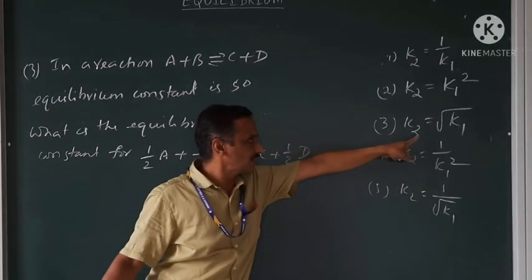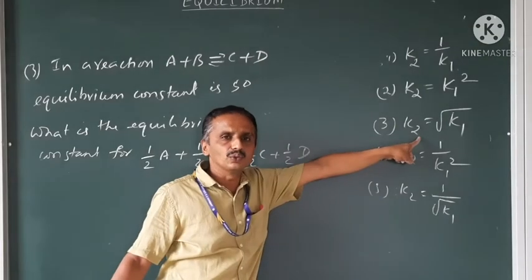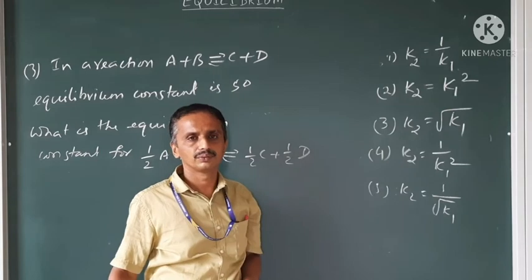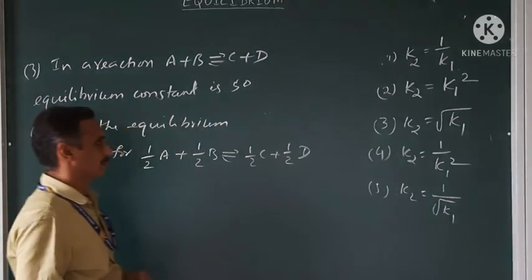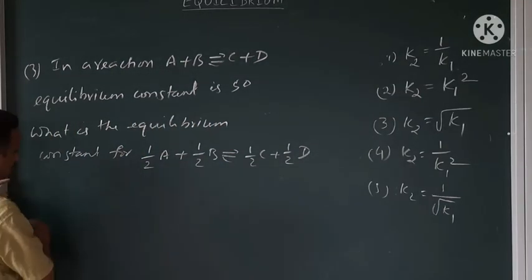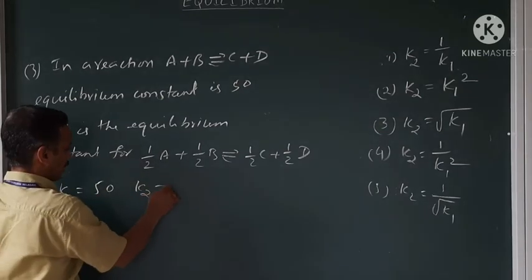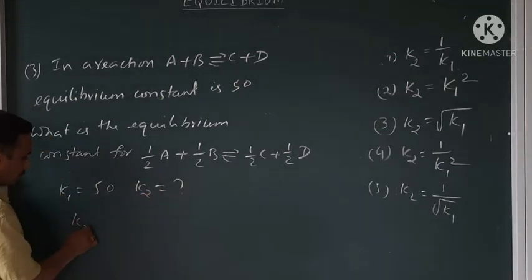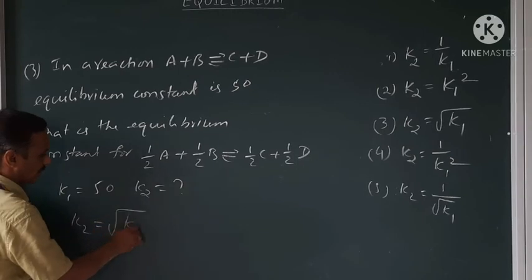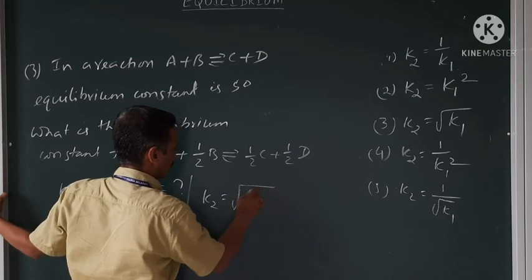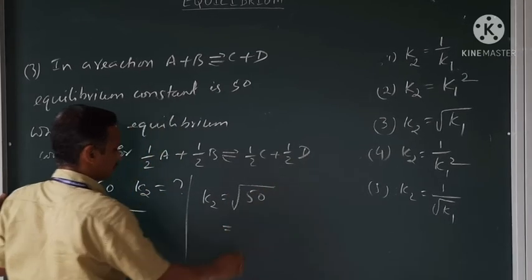What I did? I just made the concentration half. When the concentration is made half, the new equilibrium constant will be the square root of the first one. So what happens here? K1 is 50. K2 you have to calculate. K2 is equal to square root of K1, or K2 is equal to square root of 50.